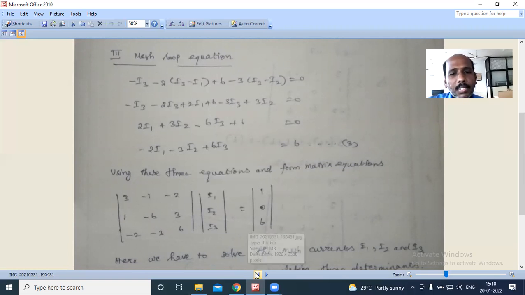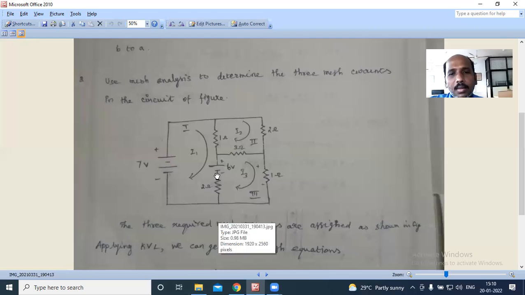Then the battery. Next one is the battery. I gave a negative sign when we formed the equation for mesh 1. But for mesh 3, as per the assumed direction of the mesh 3 current, to give the sign for the battery you consider the current direction of I3. Don't consider the current direction of I1.